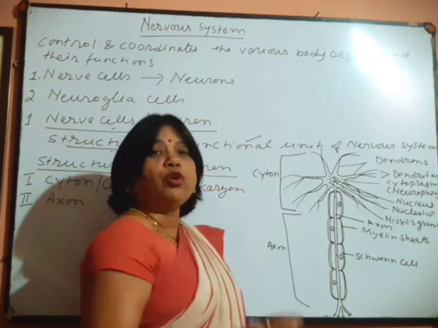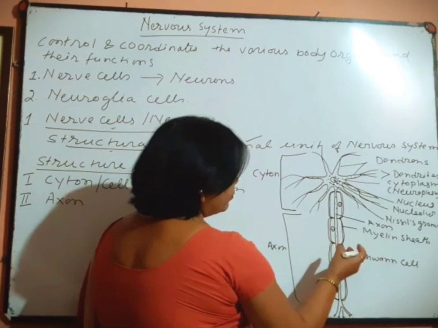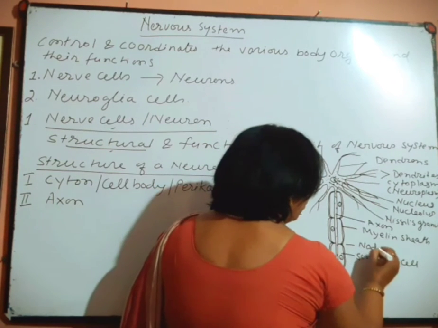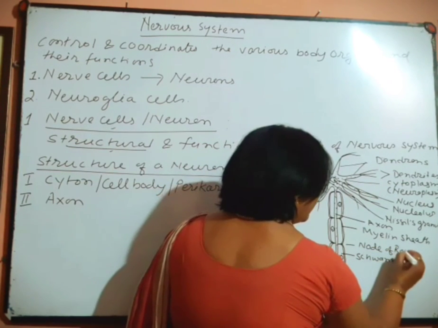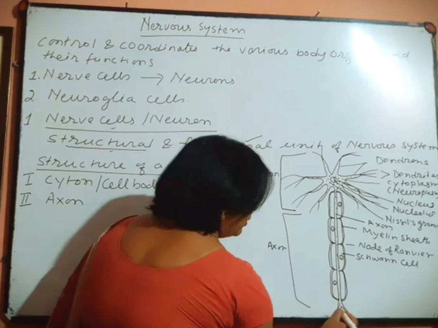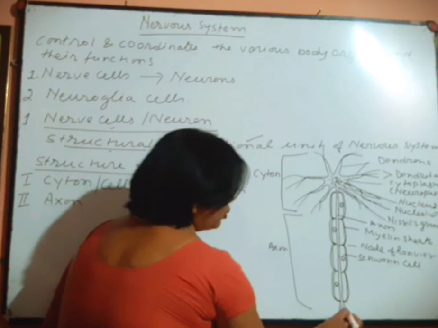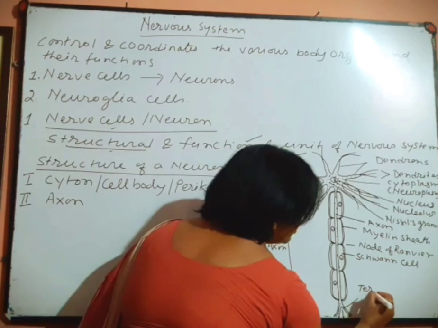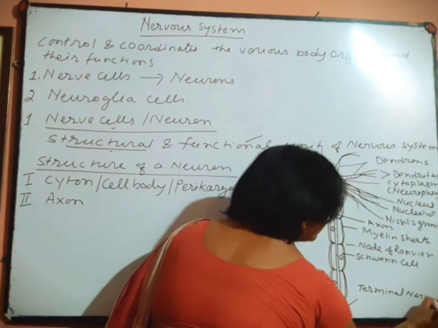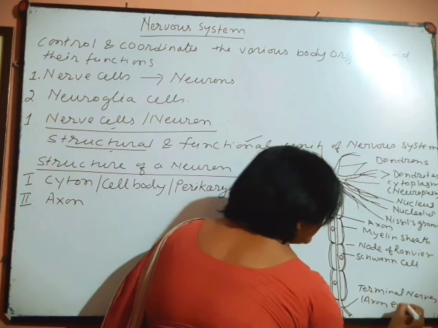The myelin sheath is not continuous; it is interrupted at some intervals, forming a gap, and that is called the node of Ranvier. At the end of the axon there are the terminal nerves, or axon endings.